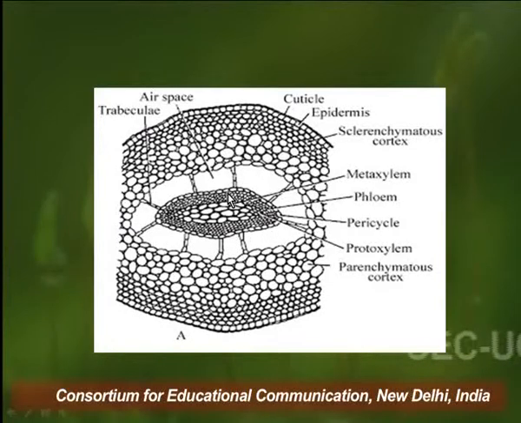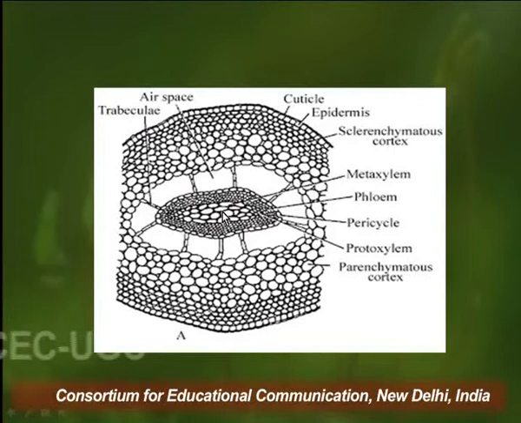Now, each of these stems could have one single stele, as shown here in this diagram. This stele has a pericycle, the outermost layer, and inside this pericycle, in the center, there are xylem tissues.